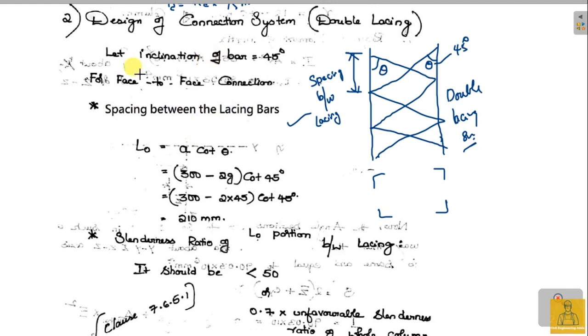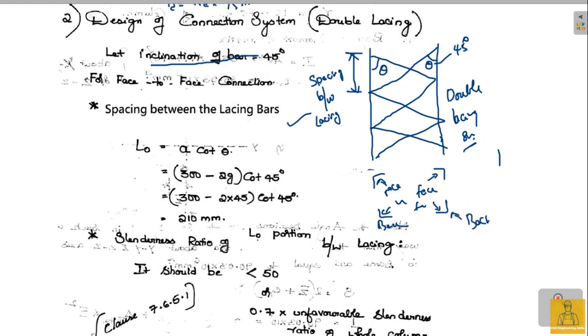So the inclination of the lacing bars is 45 degrees and we are using a face-to-face connection. The built-up column is obtained by face-to-face connection of these. See here, this is the face, this is the face, this is the face, and this is the back.